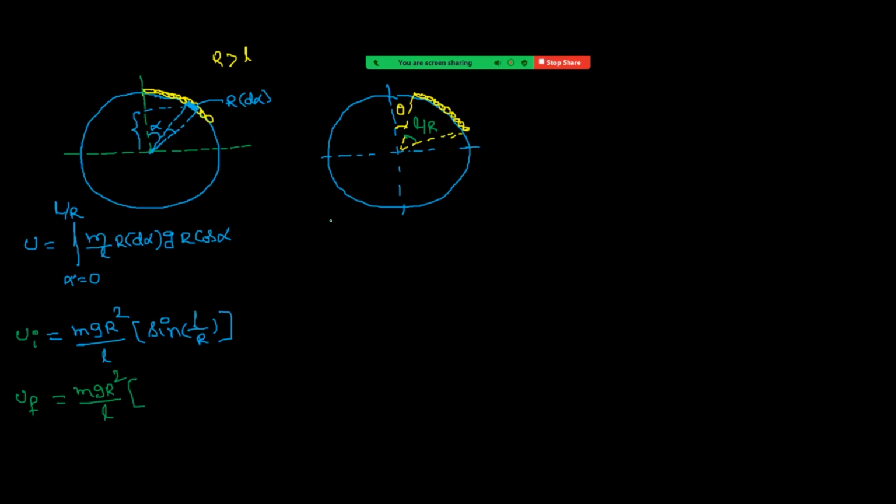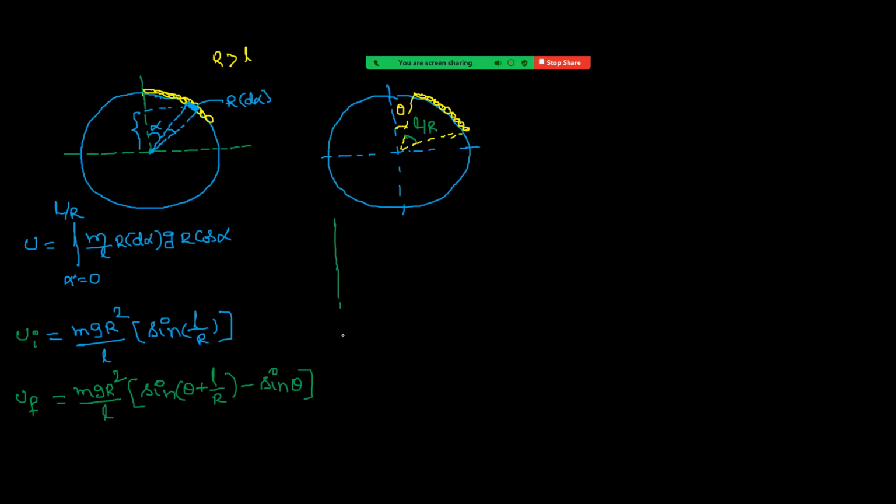Now limits will be from theta to theta plus L by R. Taking the same thing, only the limits change, theta to theta plus L by R. So it is now sin of theta plus L by R minus sin theta. That is now the final potential energy. The initial value is greater than the final value. That loss in gravitational potential energy converts into kinetic energy, so there is an increase in kinetic energy.